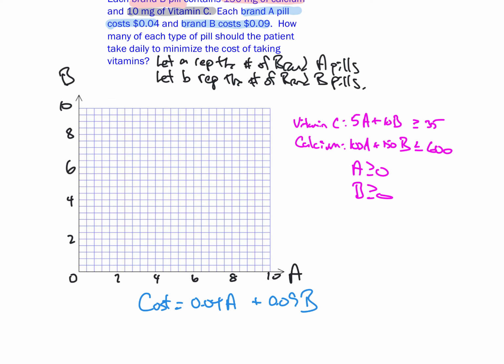You could graph this in Desmos and just see where the intercepts are. I see the first intercept is at like 3.5, and then it would be 7. And then we can go ahead and graph that with a line.